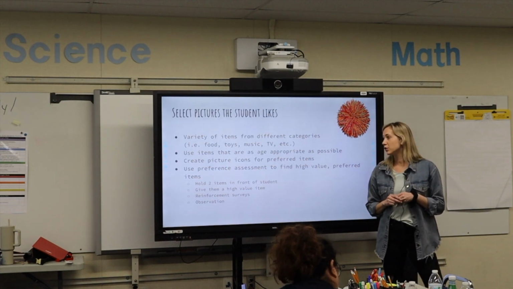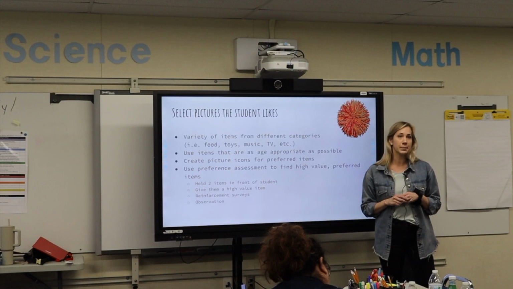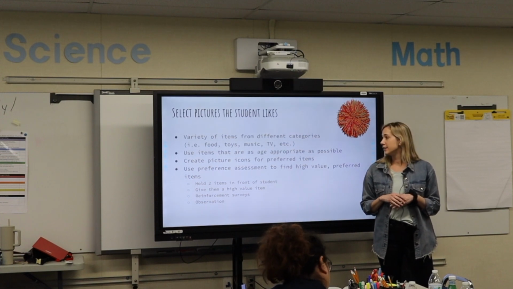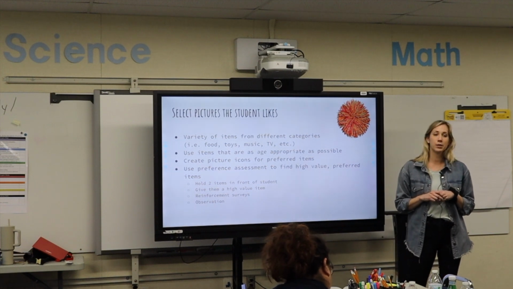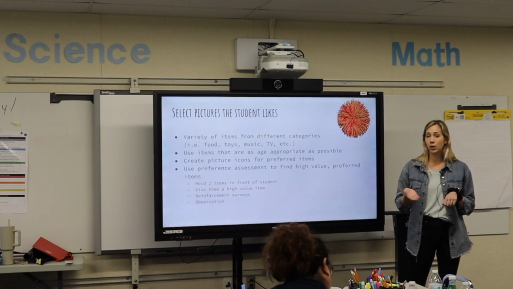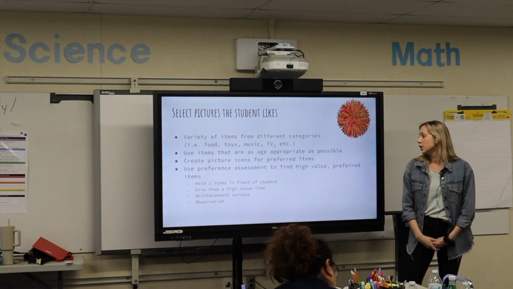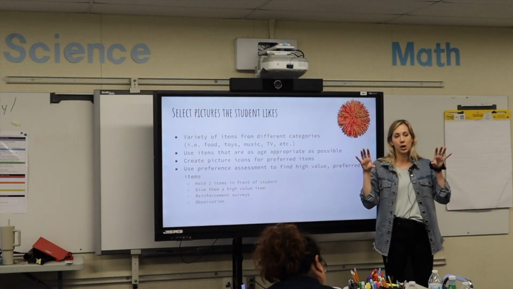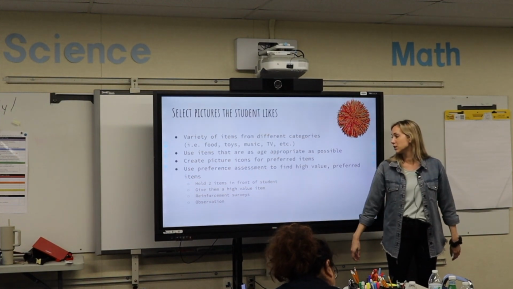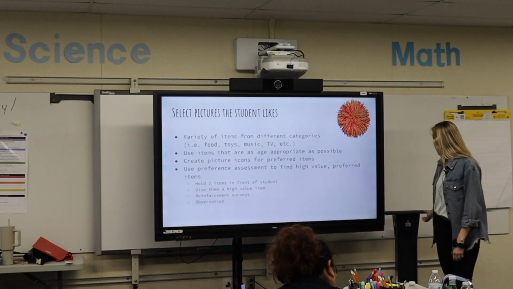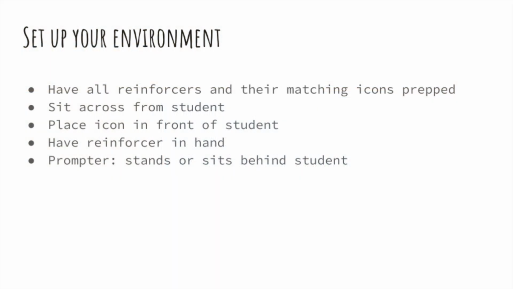We're going to create the picture icons for the preferred items that you chose, and you can always use a preference assessment to find high value preferred items. You could observe what the kiddo likes within the class. You can put 2 high value items in front of them and get them to pick which one they like, or you can use reinforcement surveys with the teacher or the parent.